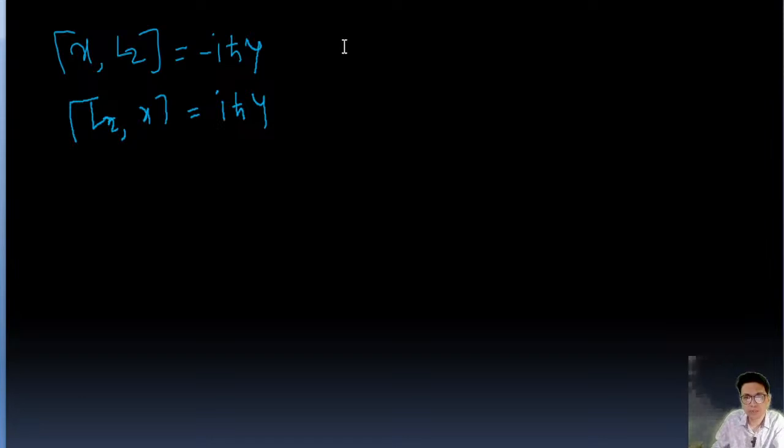Similarly, this one, the commutation of y lz is in cyclic order yz, right? So this is going to be iota h cut x.